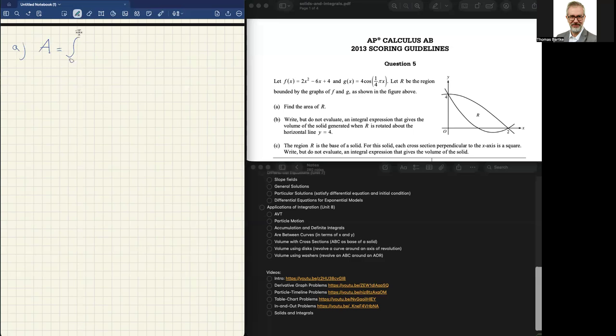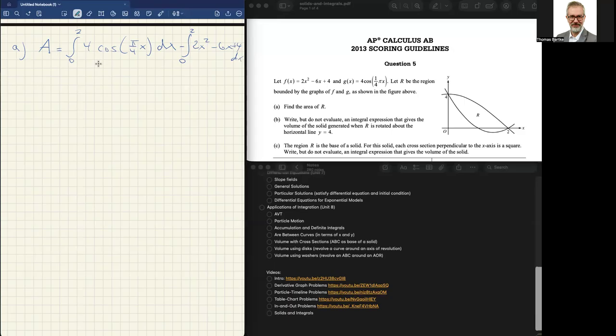So the integral from 0 to 2 of 4 cosine of pi over 4 x dx, and then minus the integral from 0 to 2 of 2x squared minus 6x plus 4 dx. So this here is the total area.